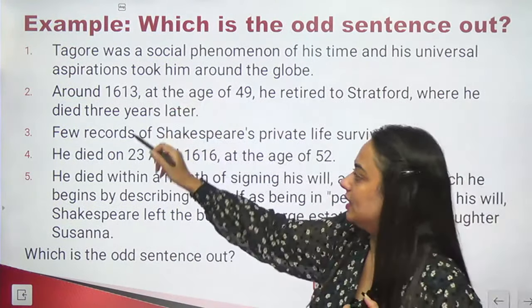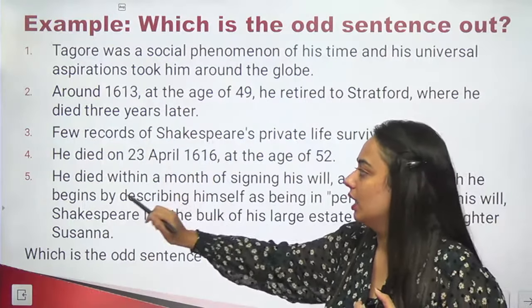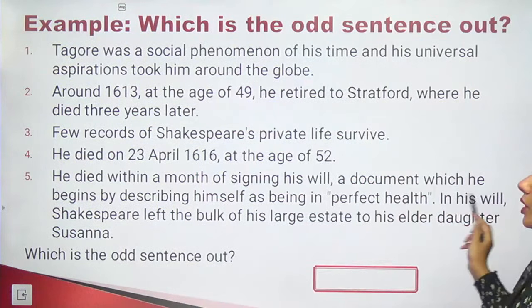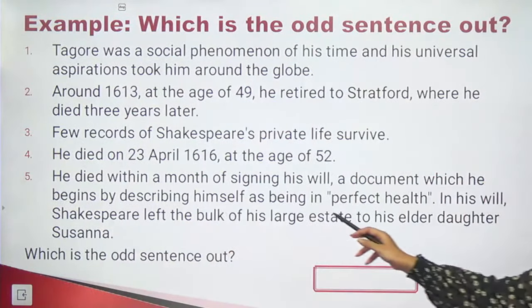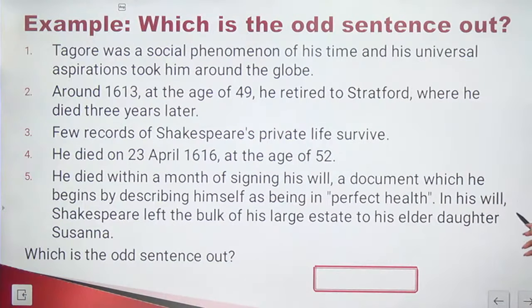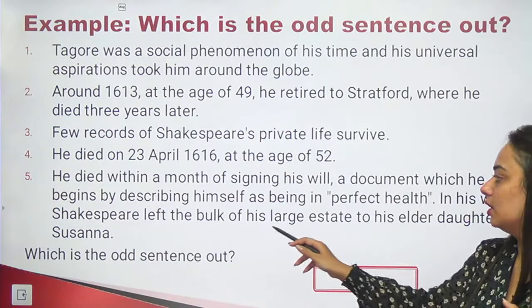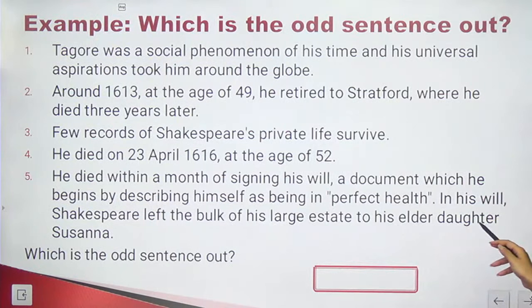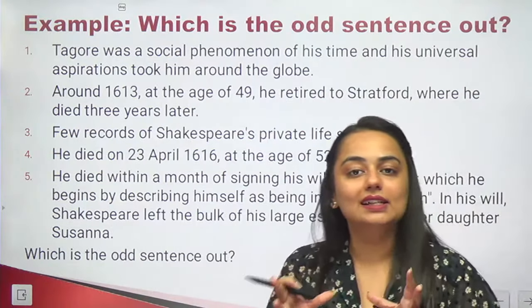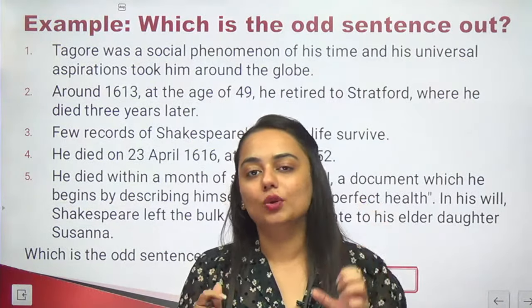So 1613, 1616, close enough. He died within a month of signing his will, a document which he begins by describing himself as being in perfect health. In his will, Shakespeare left the bulk of his large estate to his elder daughter Susanna. Again, Shakespeare has been mentioned. So isn't that clear enough that Tagore is the odd one out?